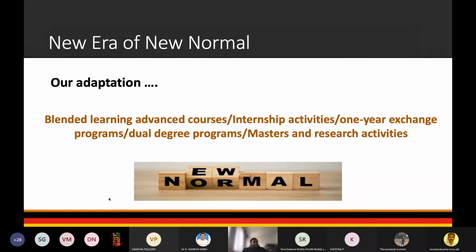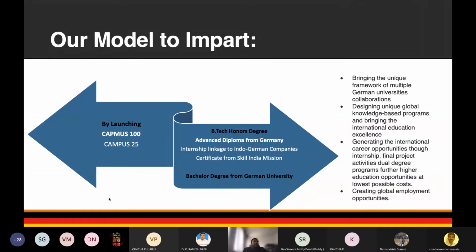We also did some research and came out with a very good model to support Indian industries and Indian universities, the Campus 100 and Campus 25 models, where we bring multiple German universities together to connect the dots, distinguish unique global knowledge-based programs and international education, and generate international career opportunities for students and also global employment. This slide is very important and interesting for academic and faculty decision makers and participants, on how to create new opportunities for your students.